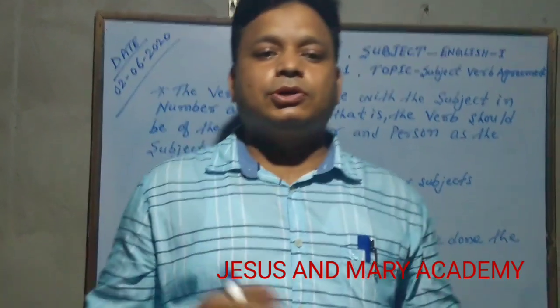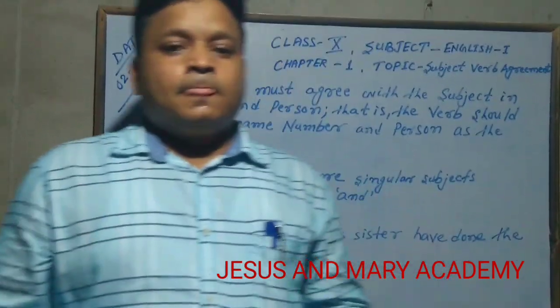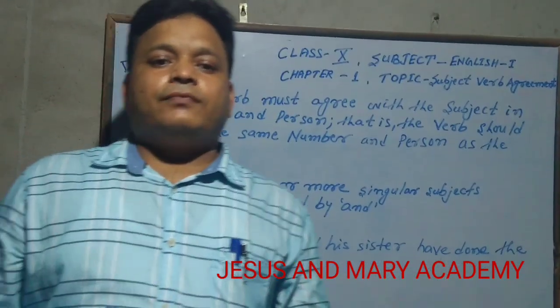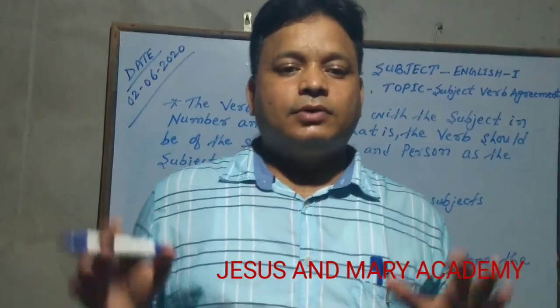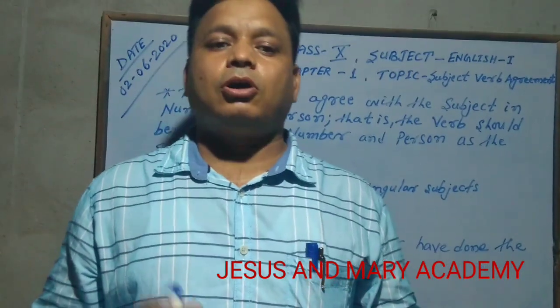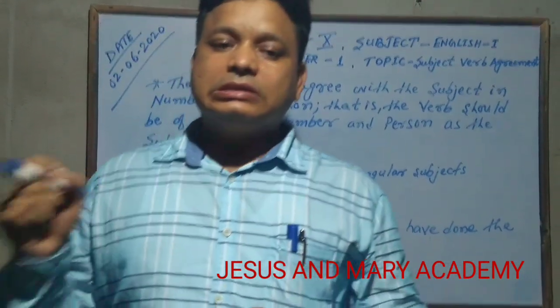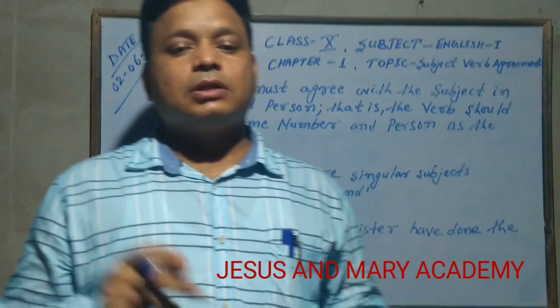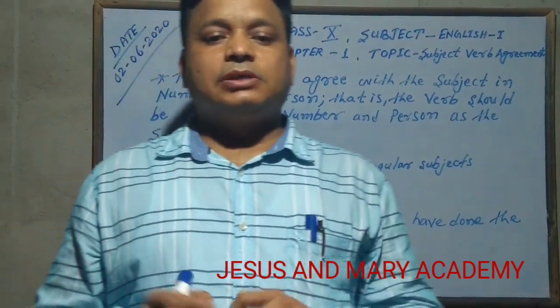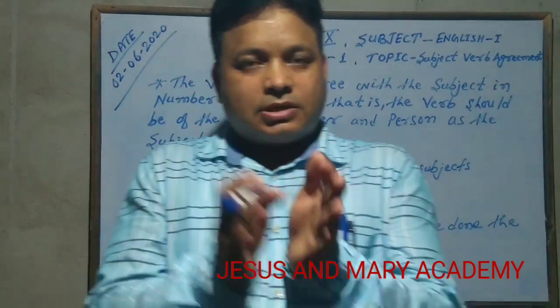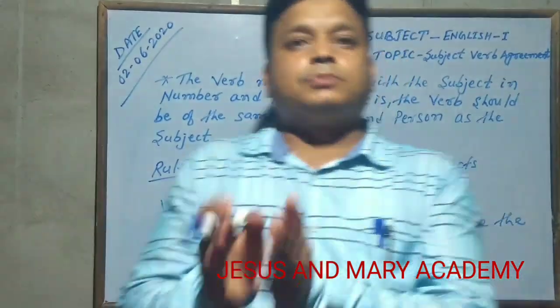The next rule I am going to quote before you, student: when subjects of different numbers are connected by or, nor, either-or, neither-nor, the plural subject comes nearest to the verb, so we have to use a plural verb.